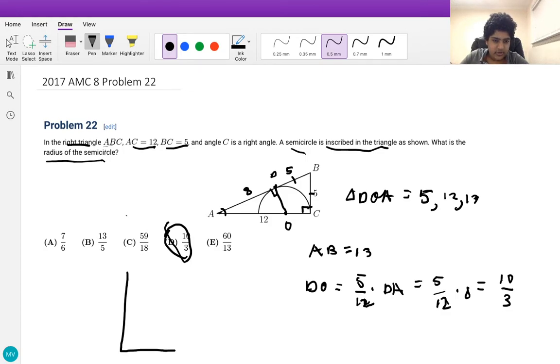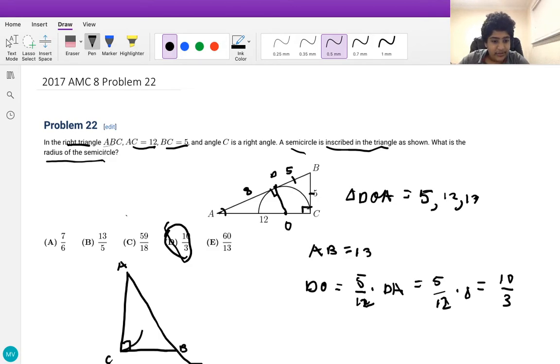So you have this triangle right here. So you know that this is a right angle, this is A, this is C, and this is B, and this is the desired semicircle.